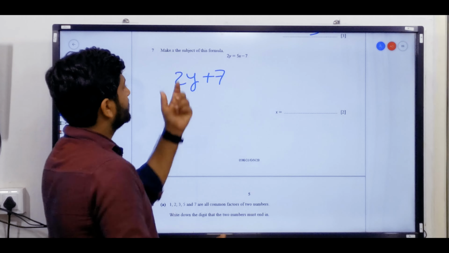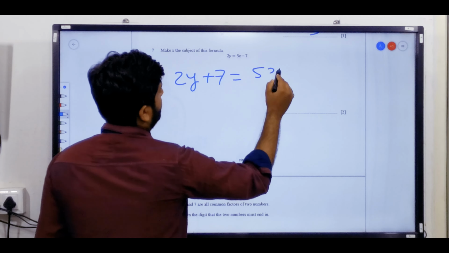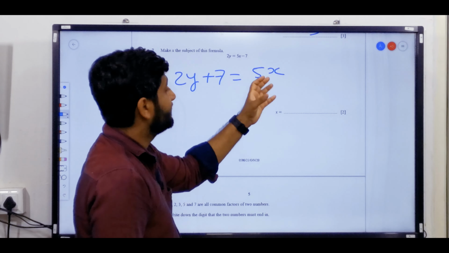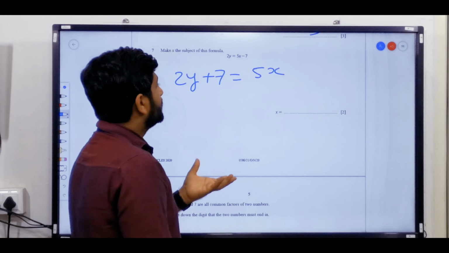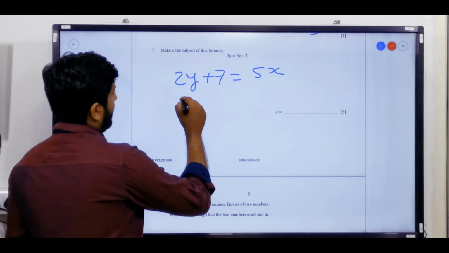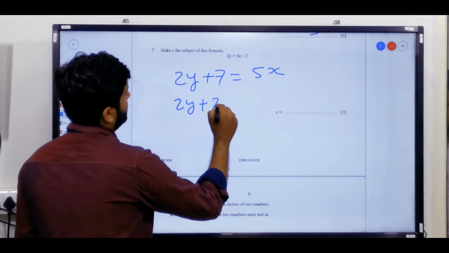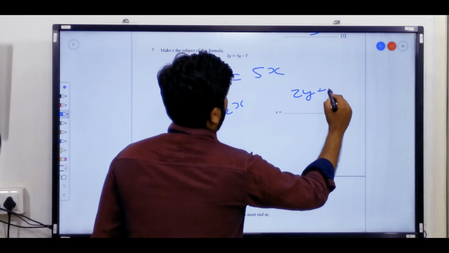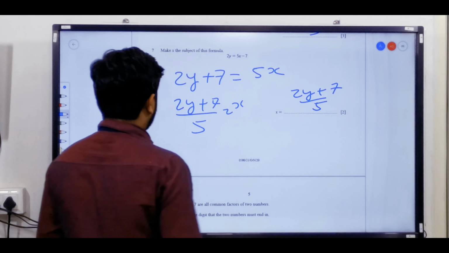This is minus 7, so this will become plus 7 is equal to 5x. Now if you only want x, right? Now here 5 is also multiplied. So let's remove this 5. We'll take 5 to LHS, and as it is in multiplication, now it will go in division. So my final answer will be 2y plus 7 upon 5.